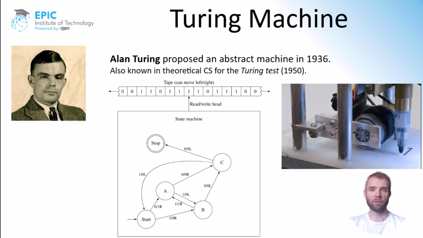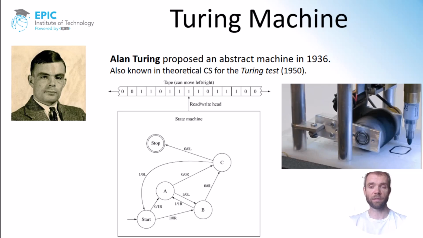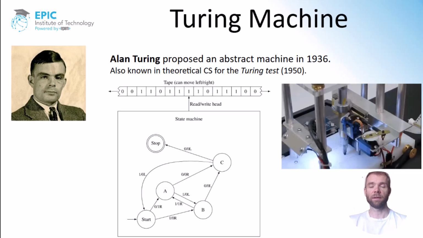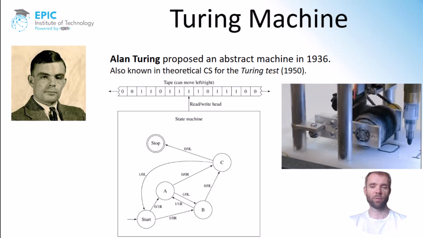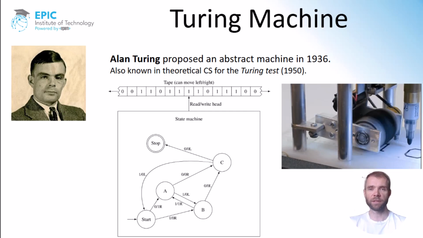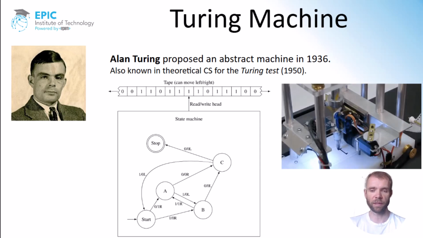So Turing machine is a virtual device which has a tape, and in every cell of this tape, a symbol can be written down. So in simplest case, we can have just zeros, ones, or say an empty piece of tape. In principle, we can enlarge this alphabet of symbols that can be written on the tape.